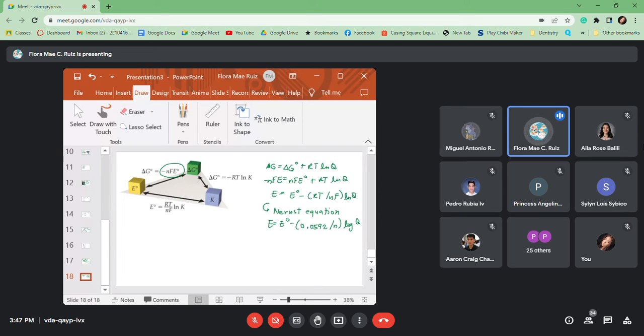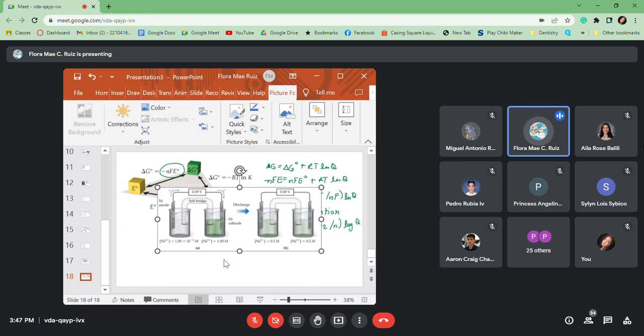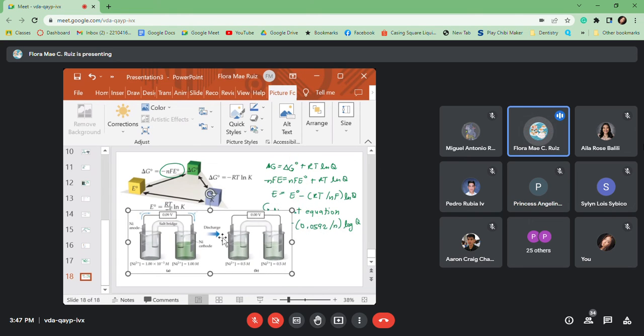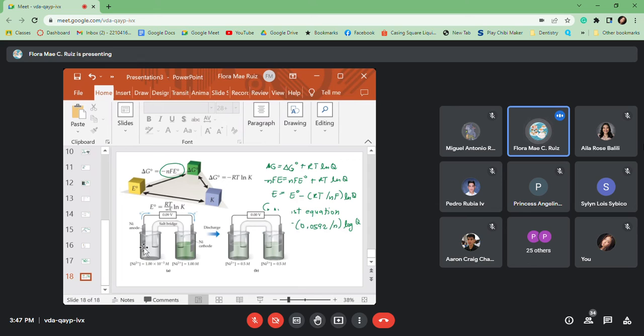Okay, so notice that the Nernst equation implies that a cell could be created that has the same substance at both electrodes. You can just have, for example, nickel at both electrodes, and we call this your concentration cell. You can already build a cell just using one substance, nickel at the anode and nickel at the cathode.